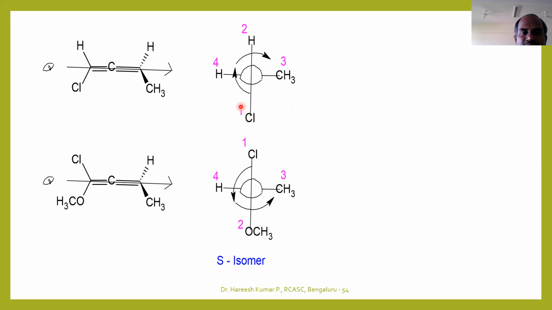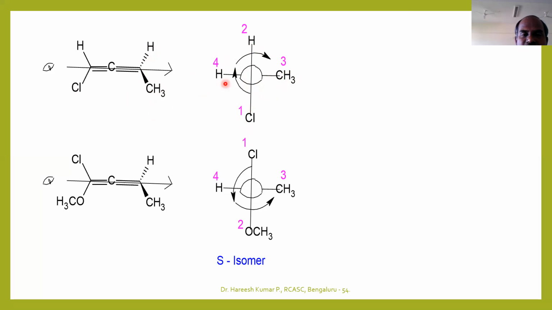That is the reason this is first and this is 2. When you are giving sequence to these two groups, CH3 and H, of course, CH3 takes the first priority. That means this is the third and this one will be the fourth. Then you can move from first to second, second to third, and it will come like this.